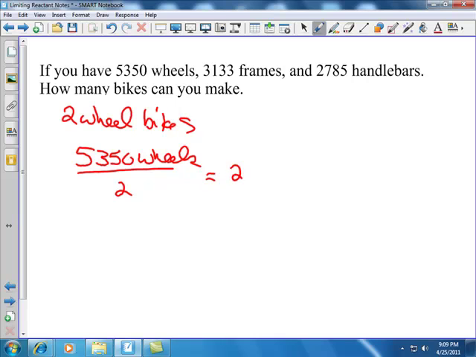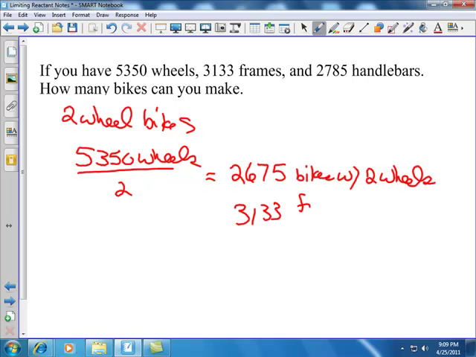So I can make 2,675 bikes with 2 wheels. Well, each bike needs a frame, and I have 3,133 frames. And each bike needs 1 handlebar, and I have 2,785 handlebars.